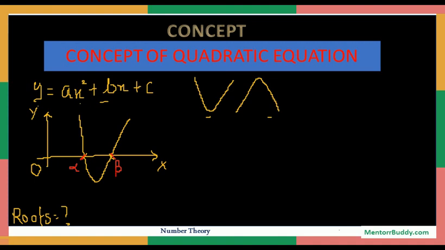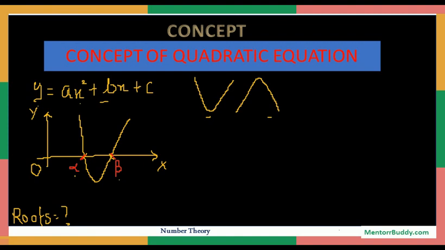So this alpha and beta are the roots of the equation. So how are we going to represent them? Roots of the equation are those values of x where the curve intersects the x-axis. We can see here the curve is intersecting the x-axis, so these are going to be the roots of the equation.